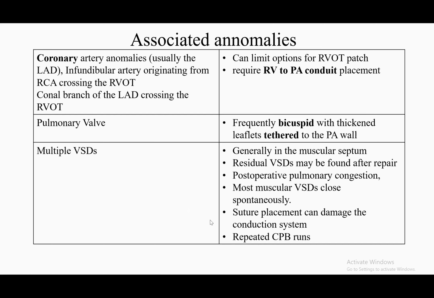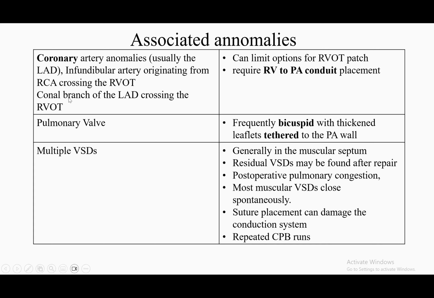They are associated with some other anomalies, like coronary artery anomalies, usually the left anterior descending, or an infundibular artery originating from the right coronary artery crossing the RVOT, or a conal branch of the LAD crossing the RVOT.